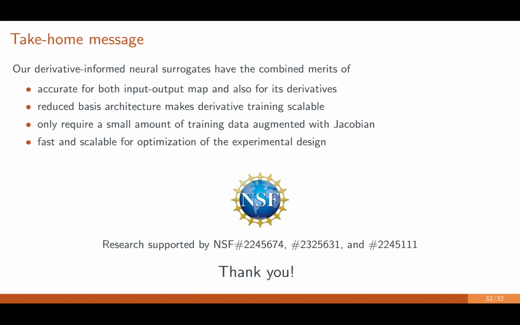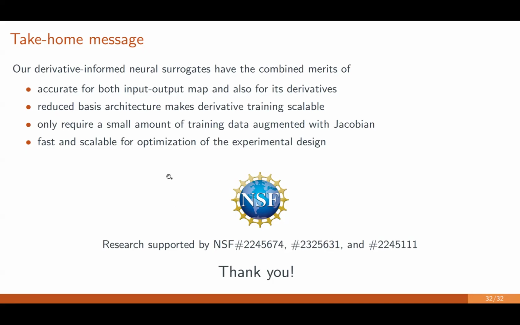So the take-home message is essentially that the derivative informed neural operator, or neural surrogate, is accurate for both the input-output map and also for the derivative information. The reduced basis architecture with dimension reduction can make the derivative training scalable, and the computation of the data also becomes scalable.